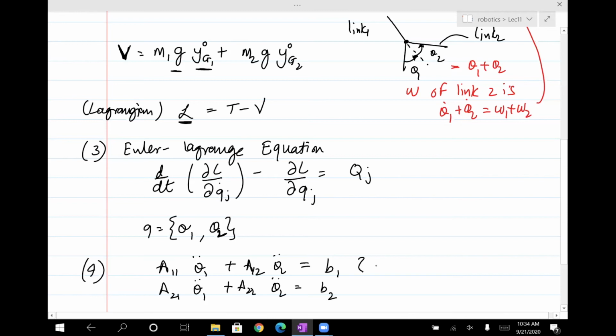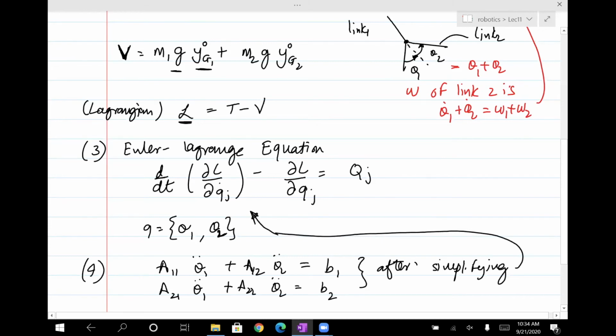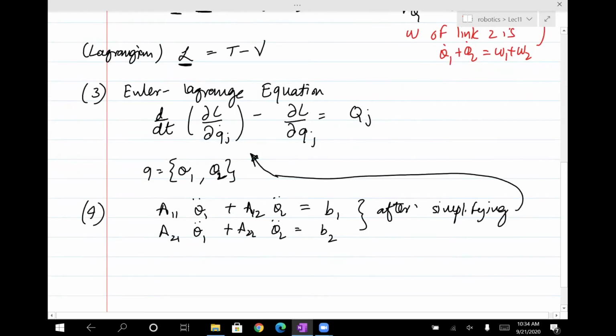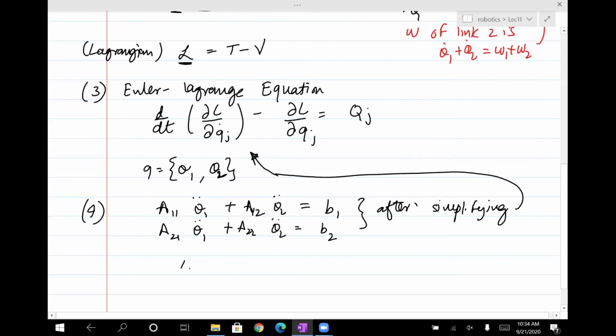This is after simplifying this expression. What you need to do is write this as A theta double dot equals b, where A is a11, a12, a21, a22, and b is b1, b2.